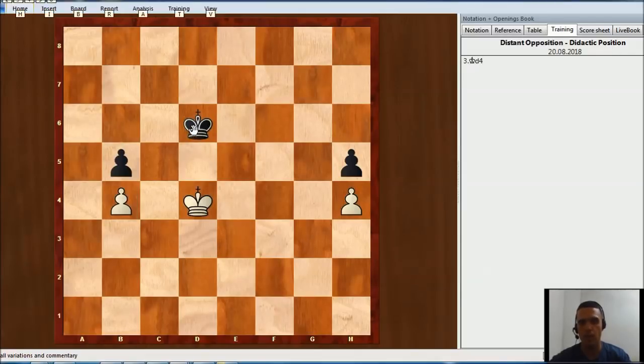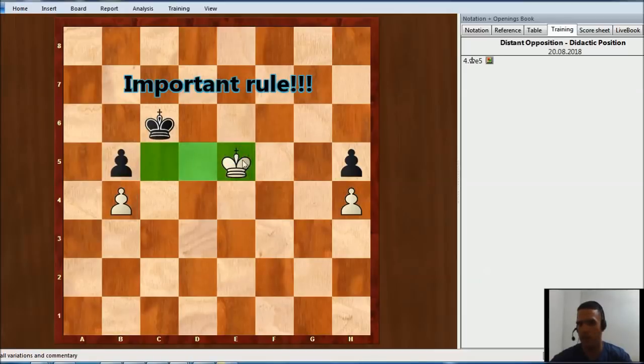If black king goes over the other way, then you will just play king c5 and will take this pawn, and this pawn is going to promote faster. And after king c6, well, you just take one of the three squares next to the pawn.